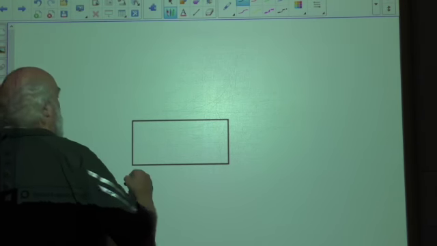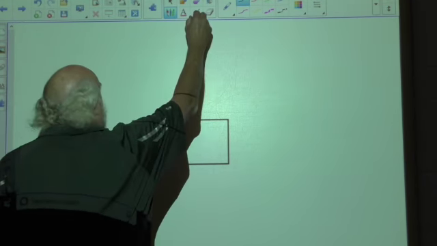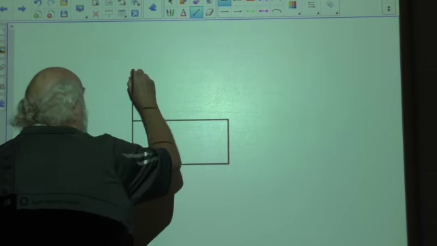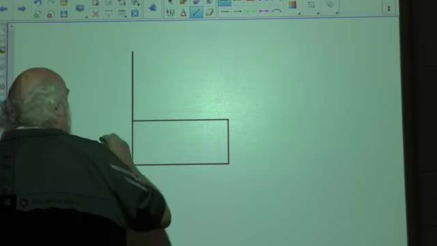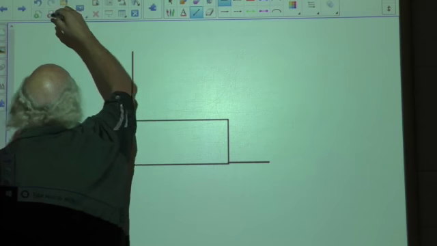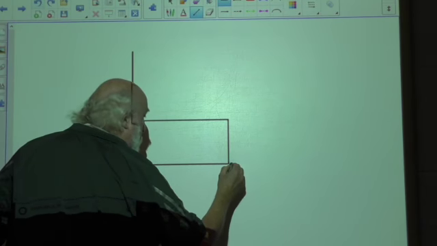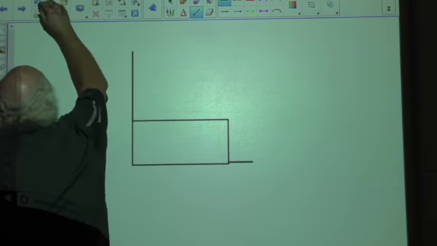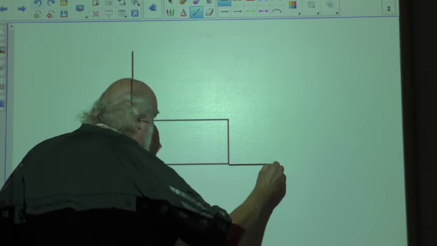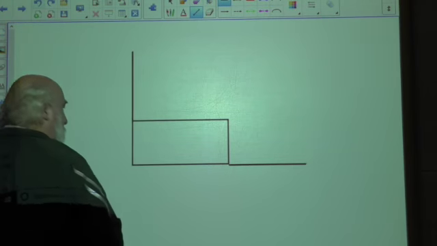Let's make the graph for this, an XY graph here. So I'm going to go here, and I'm going to go here. Oh, that's just awful. Let's try it again. That's even worse. Let's try one more time. Pretend like I know what I'm doing. That's about as good as it's going to get right now, boys and girls.